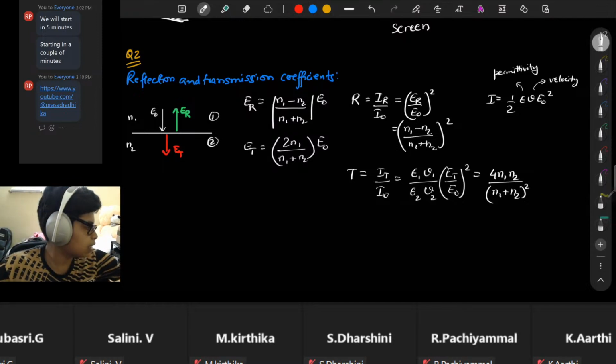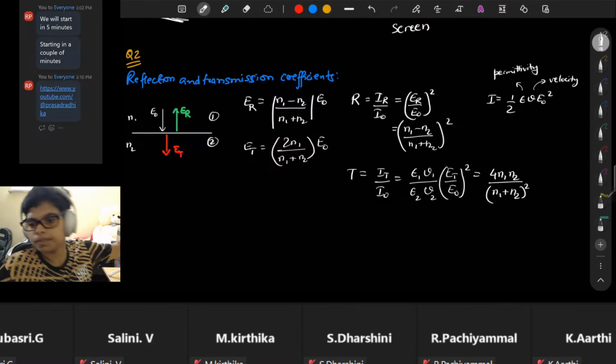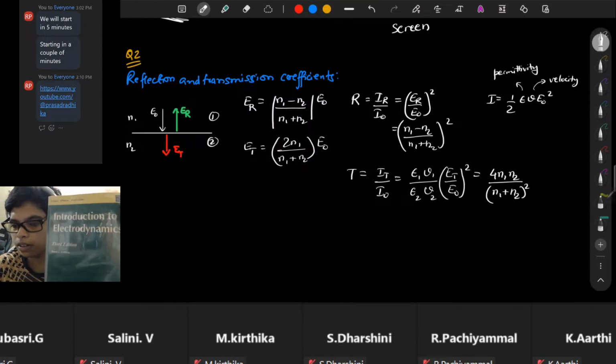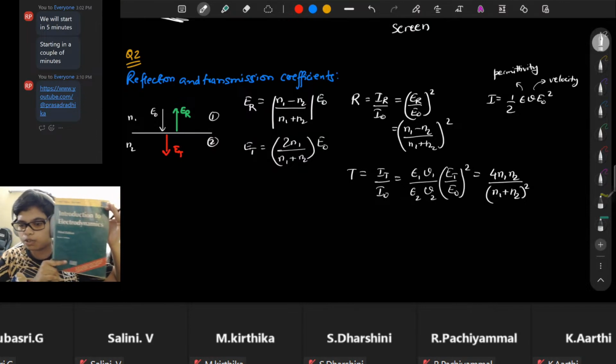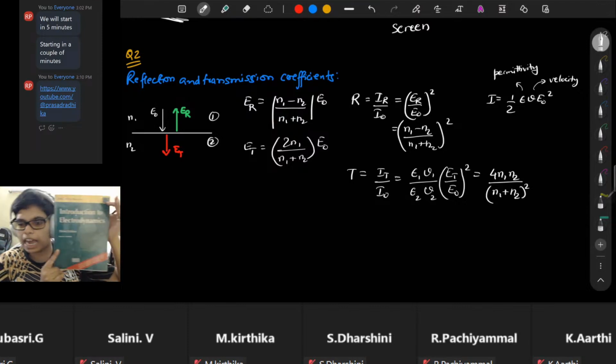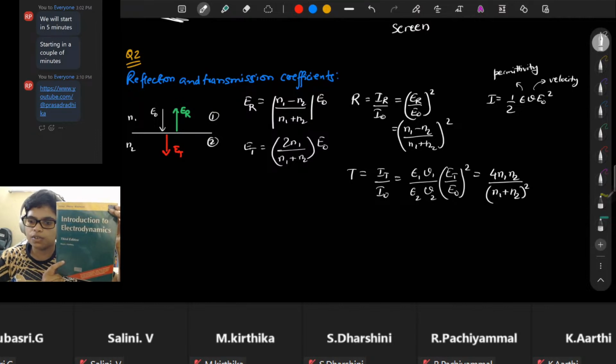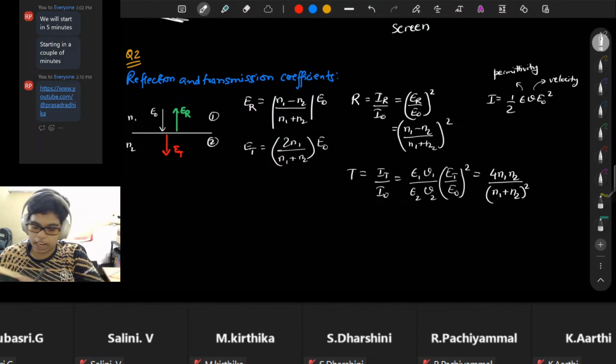And I'm using this book for the reference for all of these. This is the book. This is Introduction to Electrodynamics by DJ Griffiths. I have the third edition for this book, and later editions have also come out. So this is one of the standard introductory texts on electrodynamics.